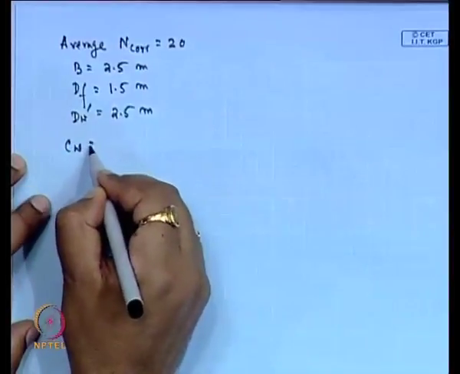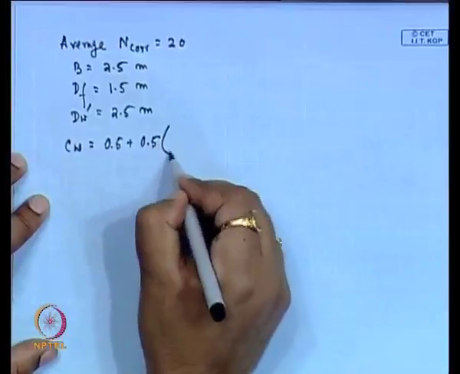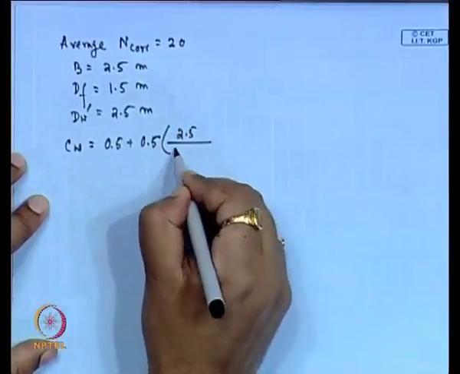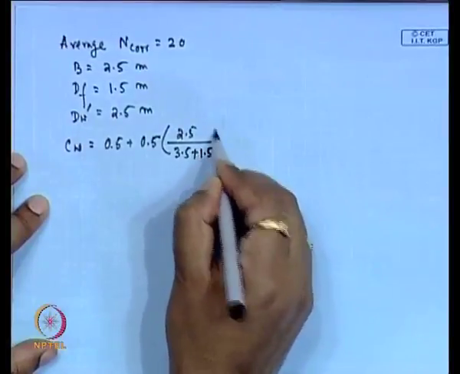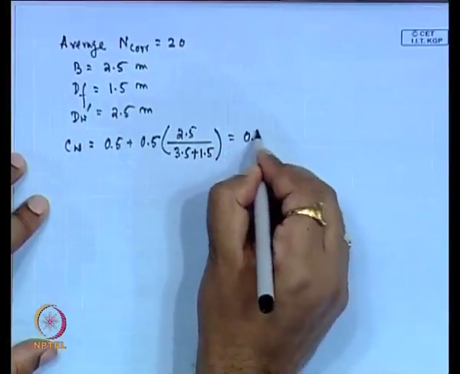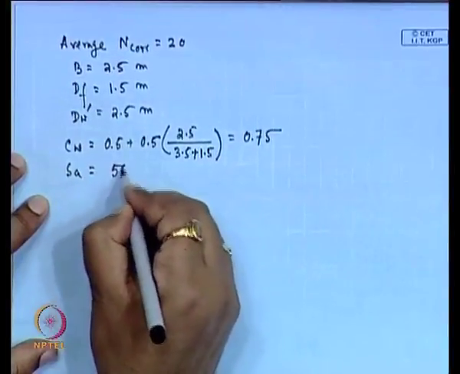So, we can calculate Cw is 0.5 plus 0.5 into 2.5 divided by 3.5 plus 1.5. So, this is 0.75, and SA value, permissible settlement, say 50 millimeter.